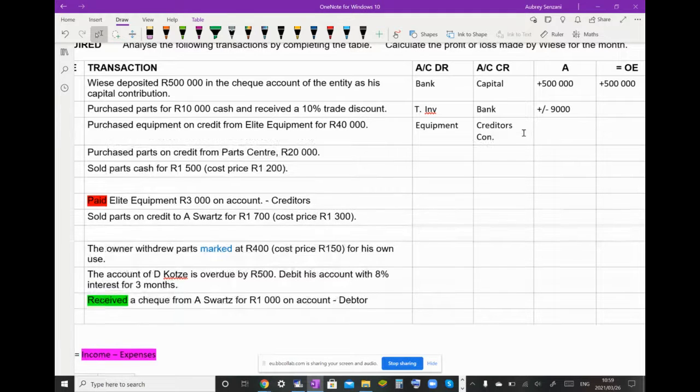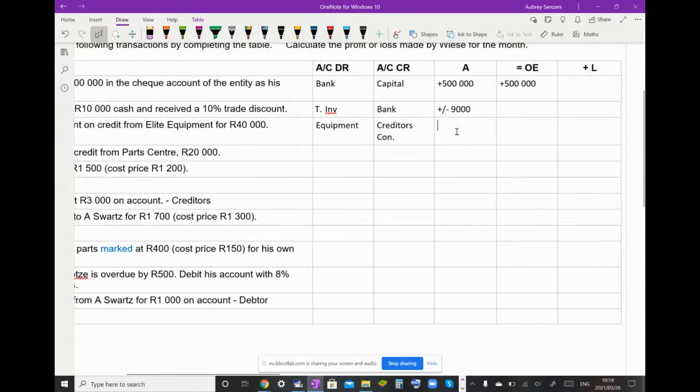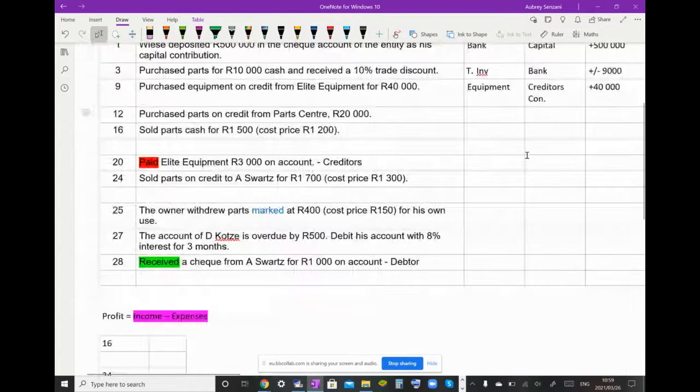This is 40,000. So our assets are increasing by 40,000, and our liabilities are increasing by 40,000, because we owe more now as a result of this transaction than we did before.